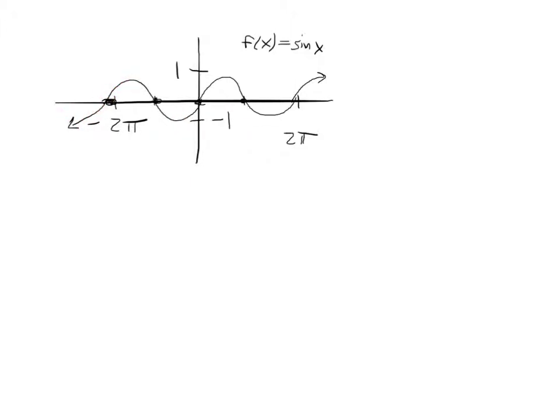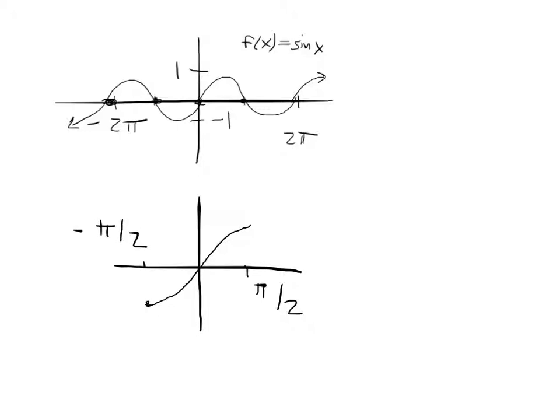And what we want to do is simply be convenient about it and restrict our domain so that we're looking at a piece of the sine function from -pi/2 to pi/2. If I look at that piece, we'll zoom in on it here a little, it's this piece right here, from -pi/2 to +pi/2.